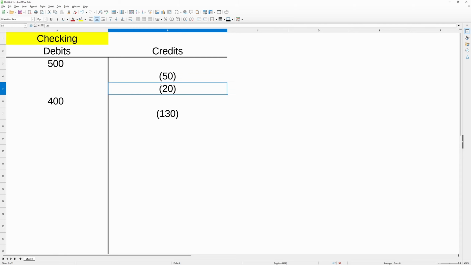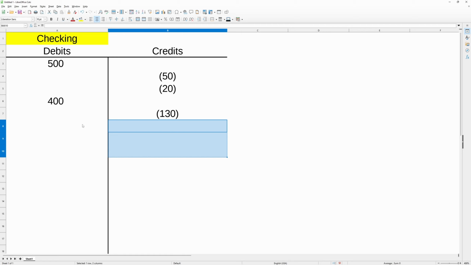So, we have completed these 5 transactions, and now we want to know what the current balance of our checking account is. So, we will close out this T-sheet.